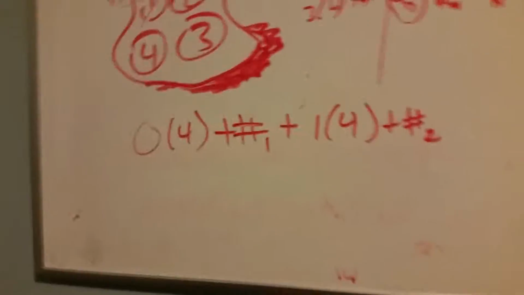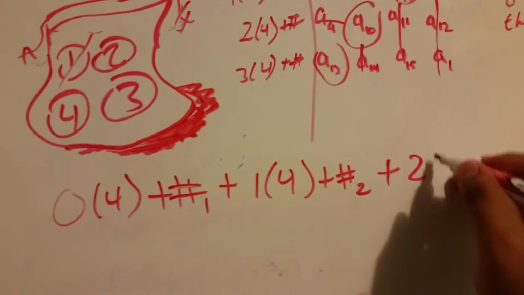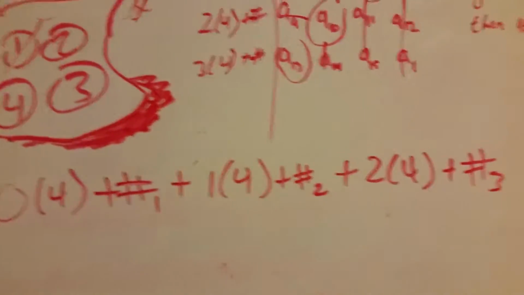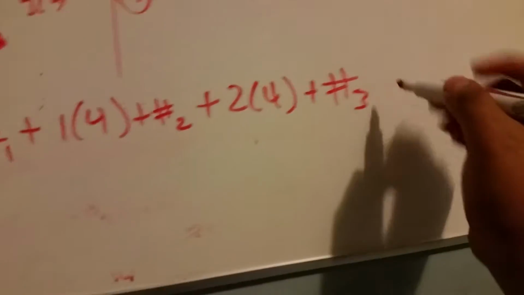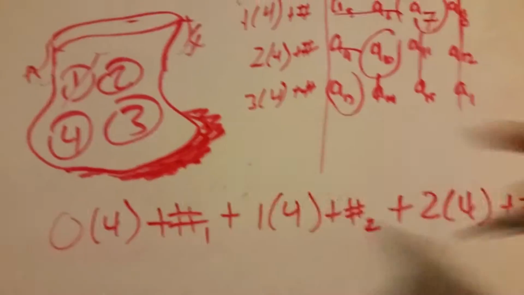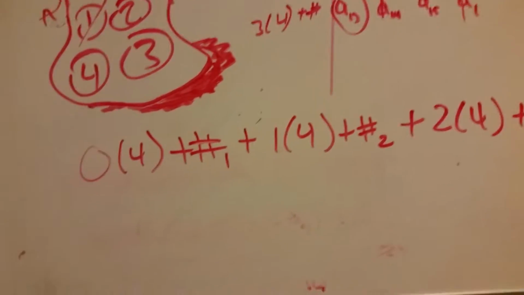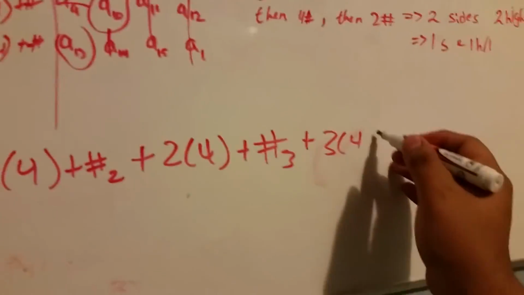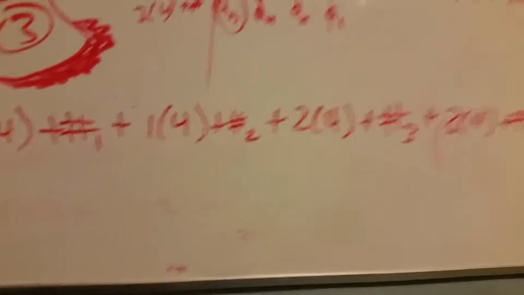Okay, now I have to get rid of this, and then plus 2 times 4 plus h3, because it'll be the third number you picked out. And remember, they can't be the same, that's why I give them different subscripts, so they mean different things. And then your last one is 3 times 4 plus the number 4 that you pick out.